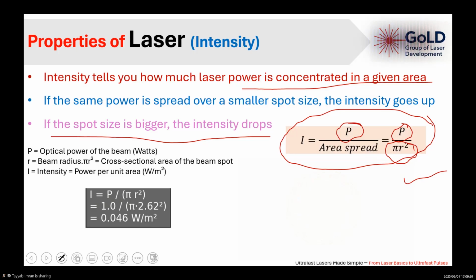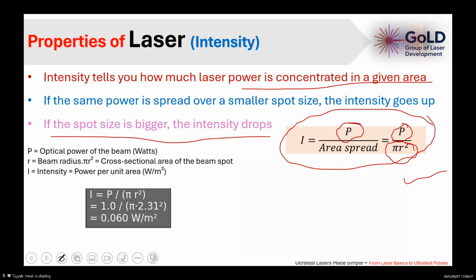Actually, this is a cross section of the beam spot here. Usually in the lab we use a CCD camera. A CCD camera is used to find out the cross-sectional area of the beam, what the size of the beam, the spot size, is.